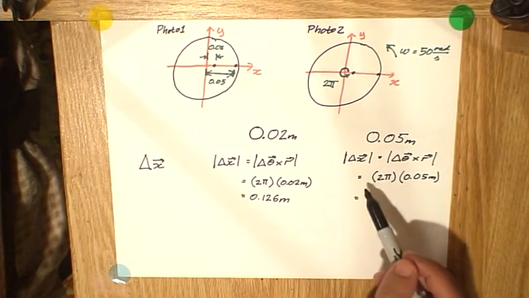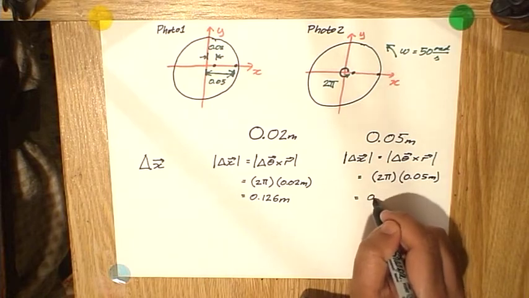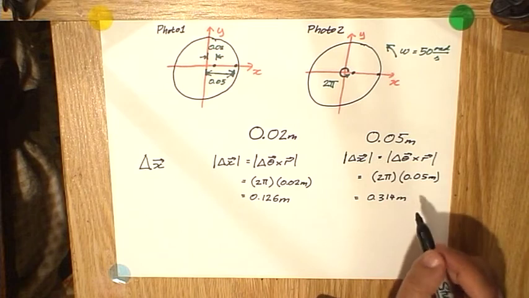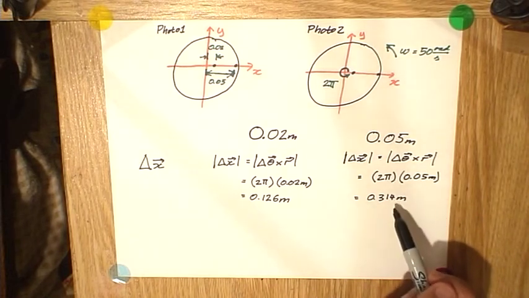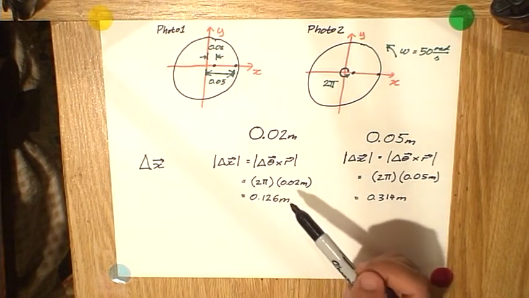So, when you multiply all of this out, you're going to get 0.314 meters, which is somewhat more than twice the distance of the 0.02 meter inner sticker.